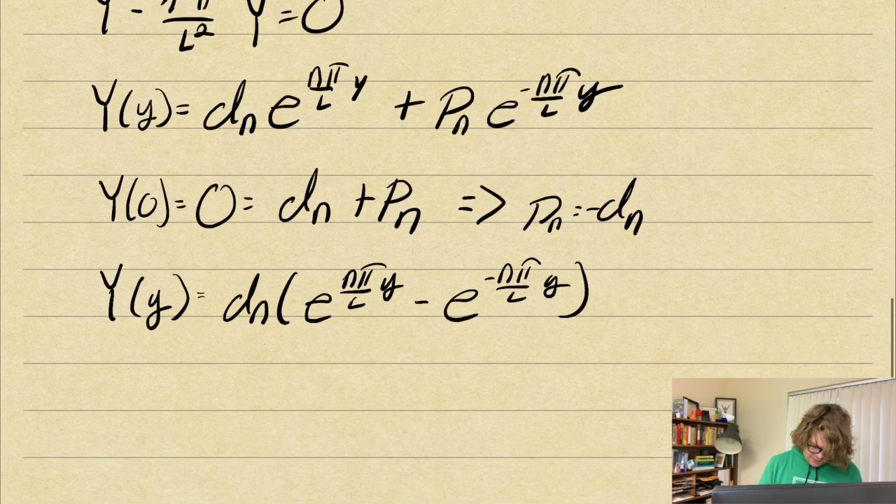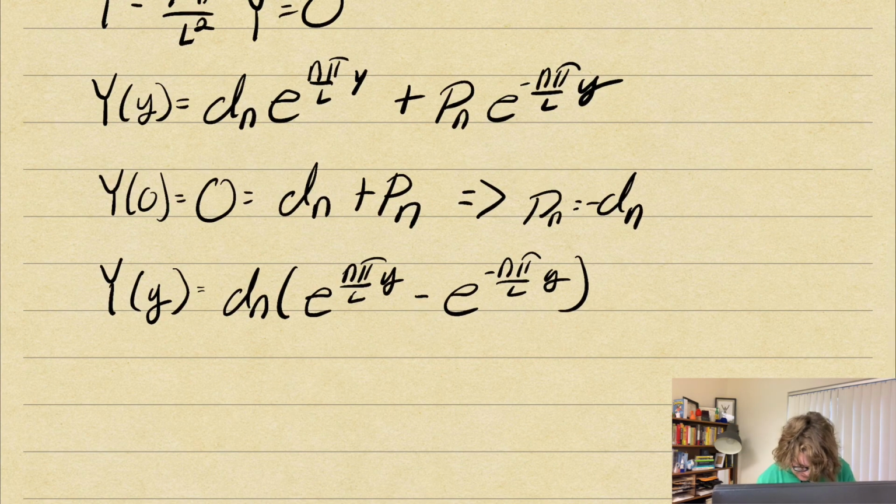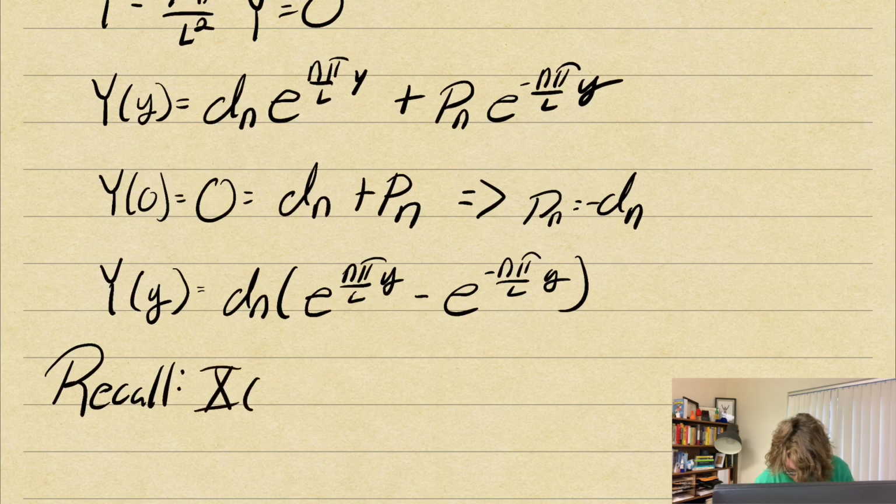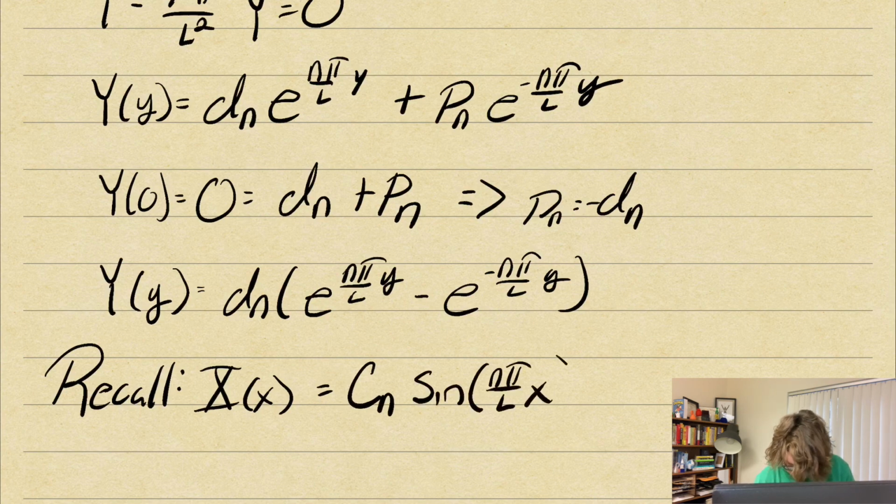All right. So we can go ahead and tie all of this back together. If we remember what X of x was, X of x was some c sub n times sine of n pi over L times x. And we have our Y of y. I'll take that a step further and call that Y sub n of y.